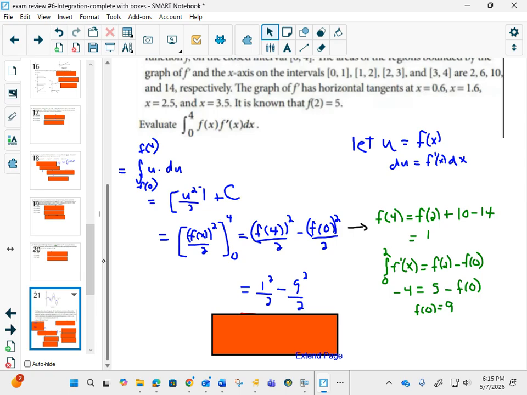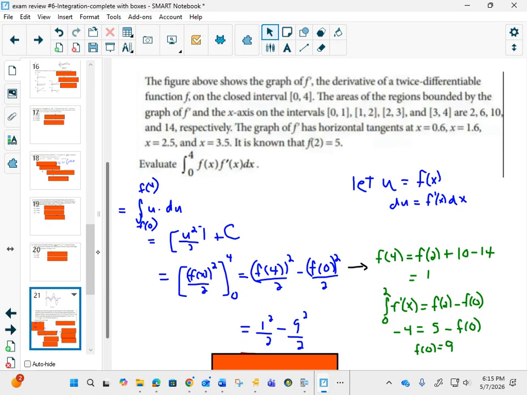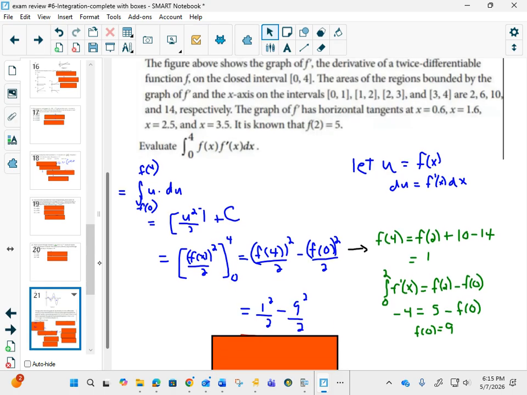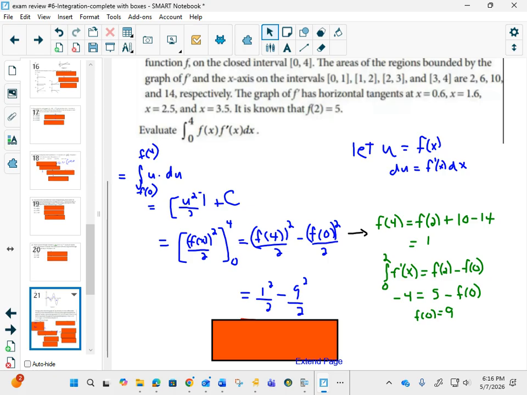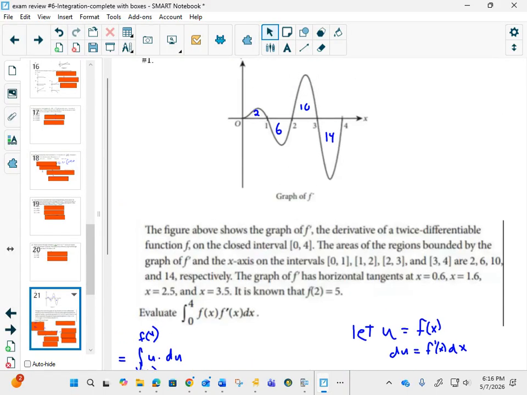How do we find f of 4? They're not really given to us, but we know f of 2. F of 2 is right here. F of 4 will be the accumulation of change, so we'd have to add 10 and subtract 14 and get us 1. Does that make sense? Or just add negative 4. And f of 0: if we know f of 2, f of 0 plus 2 minus 6 would be 5.